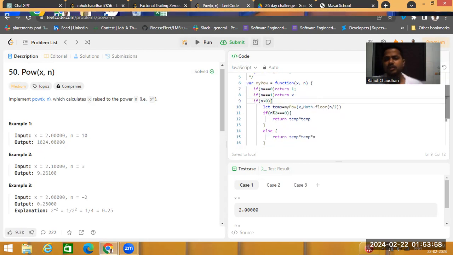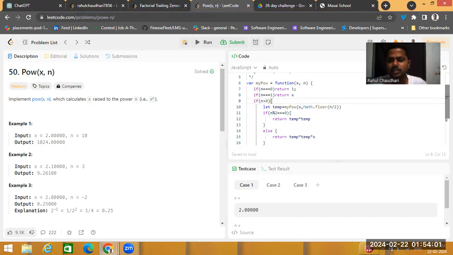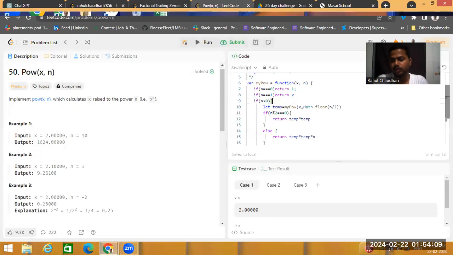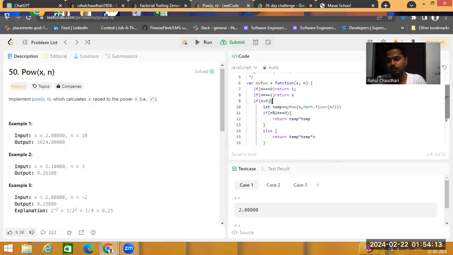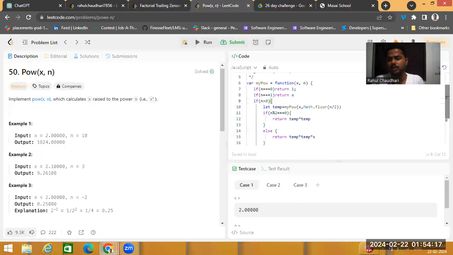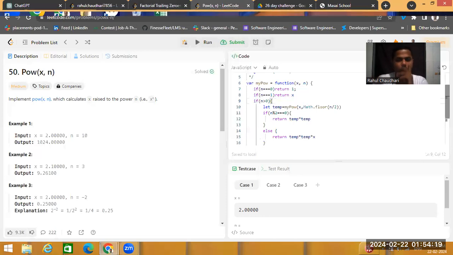So what we are doing is dividing into parts. It's like 2 raised to 5. So how to calculate 2 raised to 5? Instead of multiplying 2 by 2, five times, we divide into two parts.